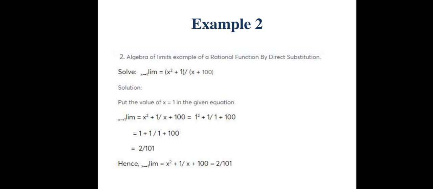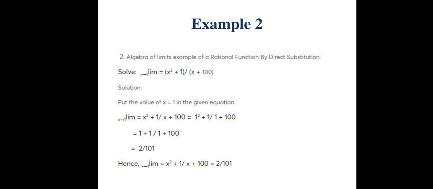Take a second example. Solve the limit x tends to 1 of x square plus 1 divided by x plus 100. Here also they have given x tends to 1, so wherever we have an x value we substitute 1. If sometimes they give x tends to 2, then you substitute 2 wherever you have x.